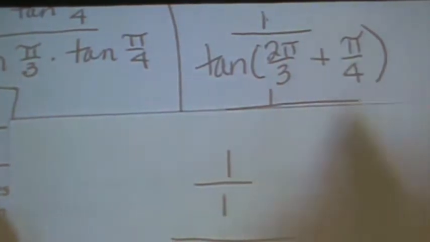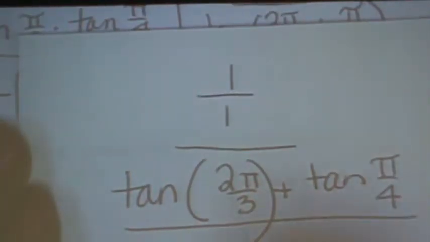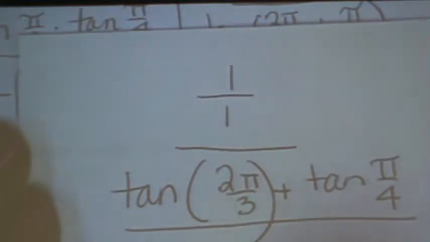So now we have the tangent. Don't forget you're breaking up 2 pi over 3 plus pi over 4. So it's tangent of 2 pi over 3 plus the tangent of pi over 4 all over 1 minus the product of these two. Once you figure these out, you just multiply them.